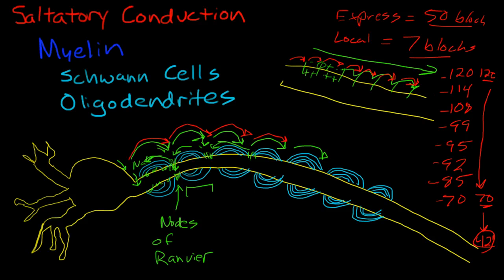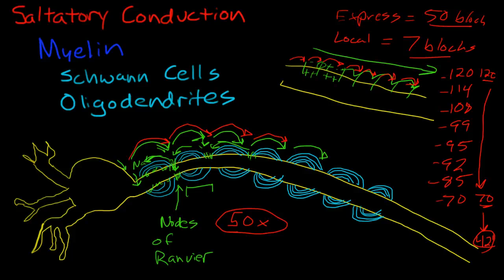This is so efficient that the speed can be up to 50 times faster on a myelinated neuron than it is on a non-myelinated neuron. Okay, so that is saltatory conduction and the way that myelin makes the movement of action potentials much quicker.